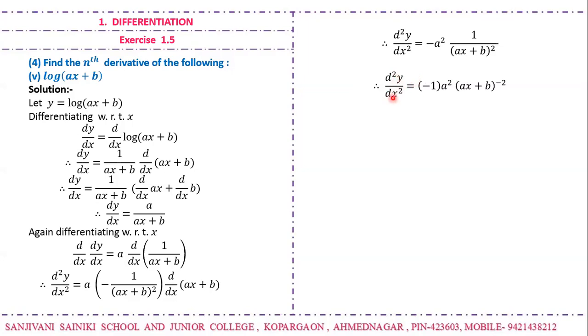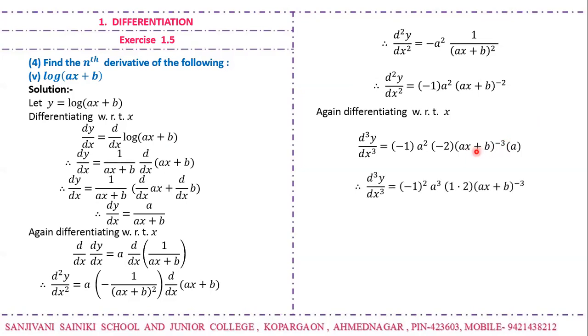So d2y by dx square I can write as minus 1 into a square into ax plus b bracket raised to minus 2. Again differentiating with respect to x, d cube y by dx cube is equal to minus 1 a square into minus 2 into ax plus b raised to minus 3 into a. This a is the derivative of ax plus b.